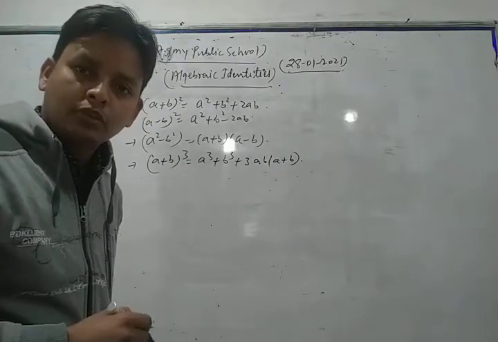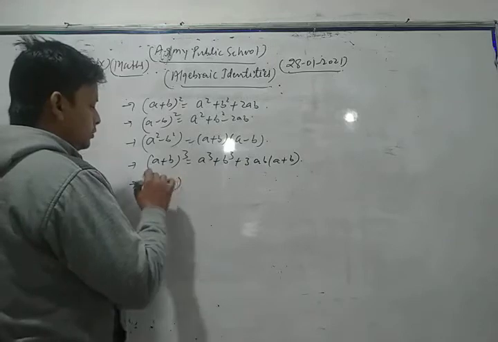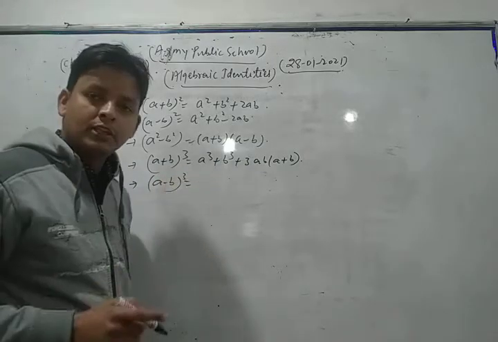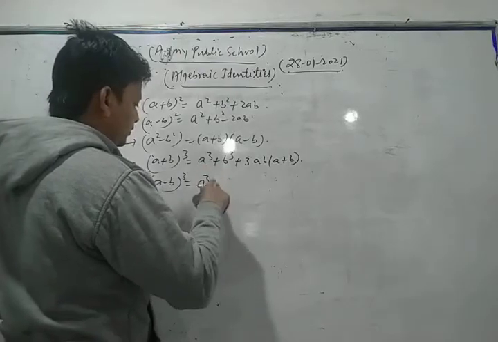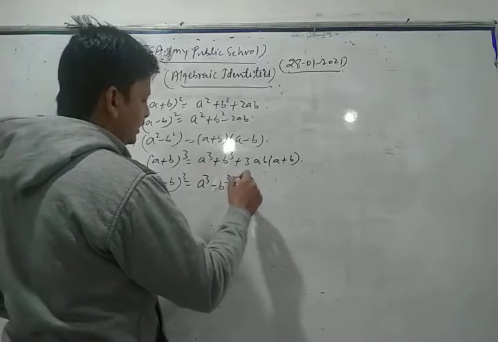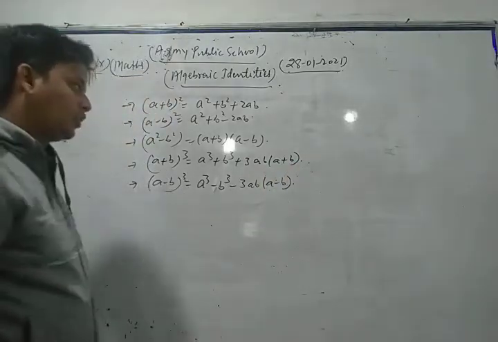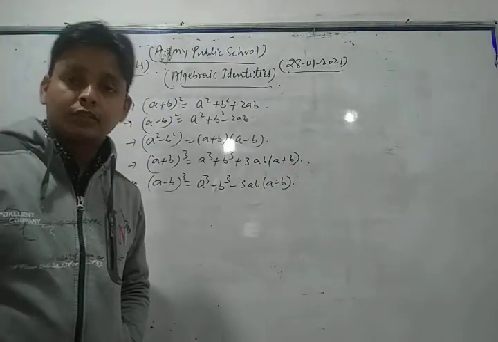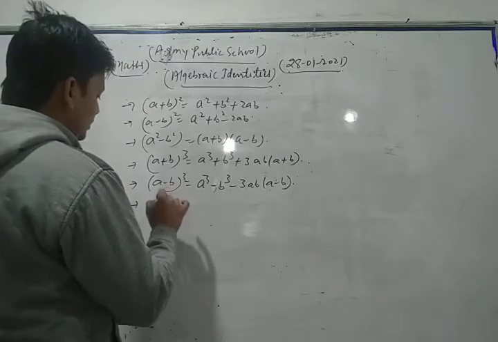This is one of the most important algebraic identities. Next is (a minus b) whole cube. The value of (a minus b) whole cube is a cube minus b cube minus 3ab in bracket (a minus b).